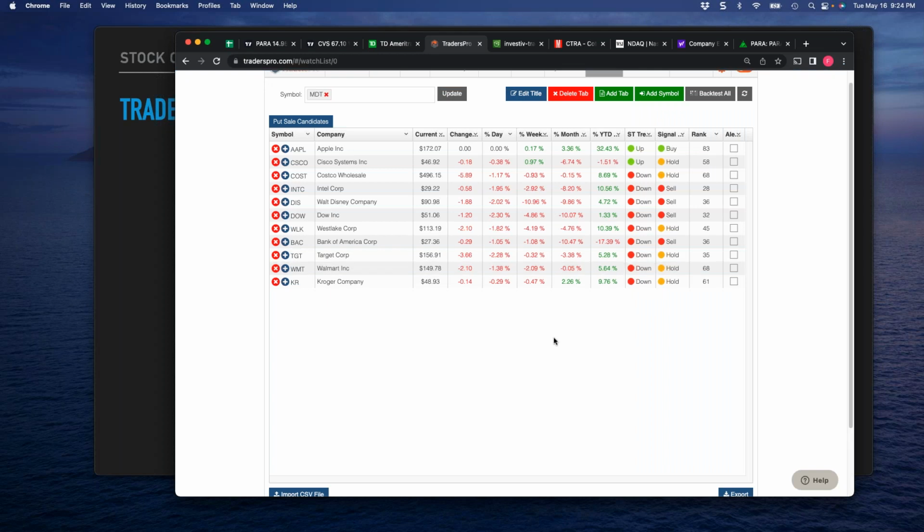Click Save and you can see that it adds the symbols into my watch list. I can add more symbols at any point just by clicking Add Symbol.